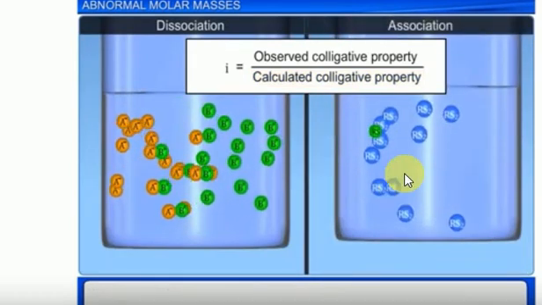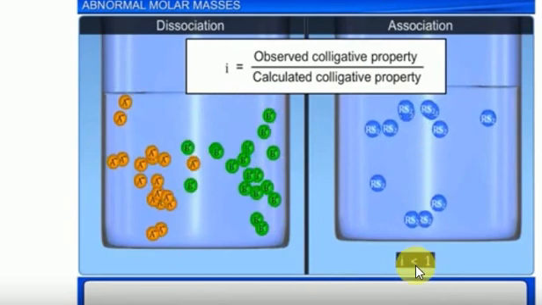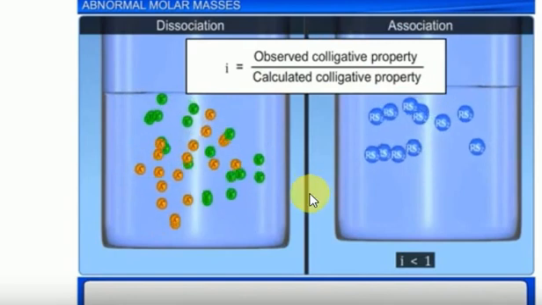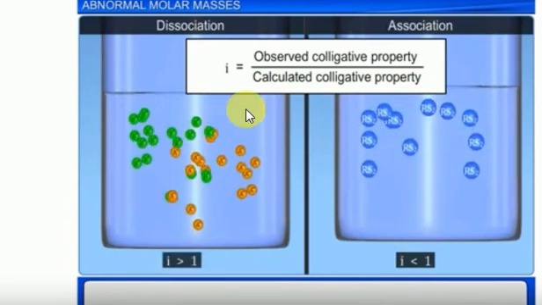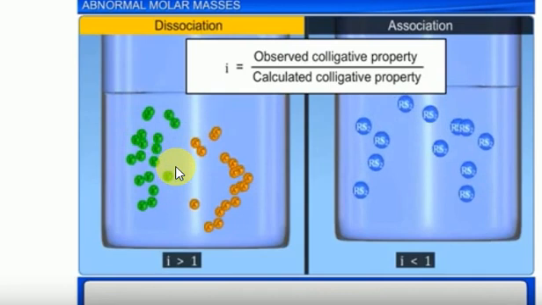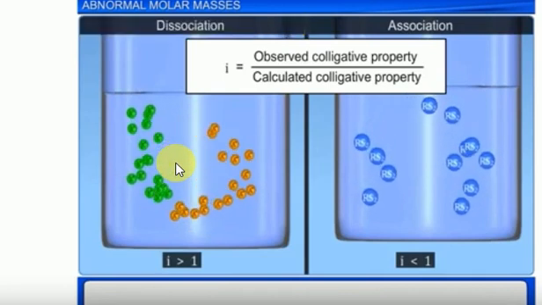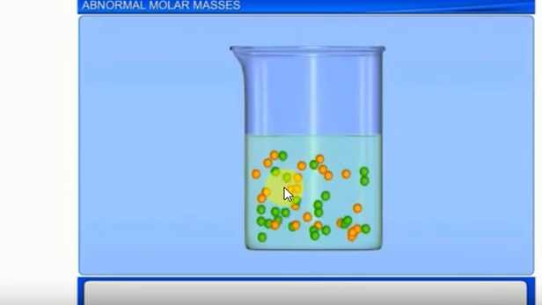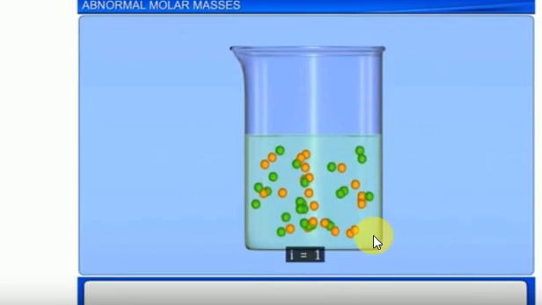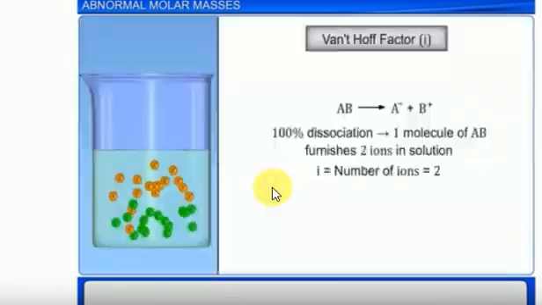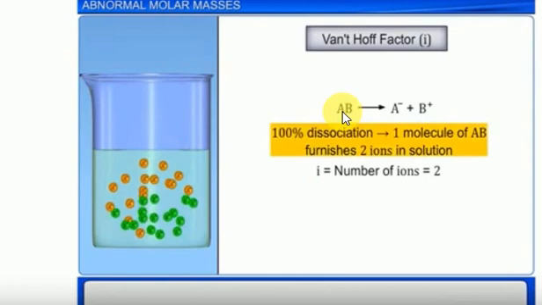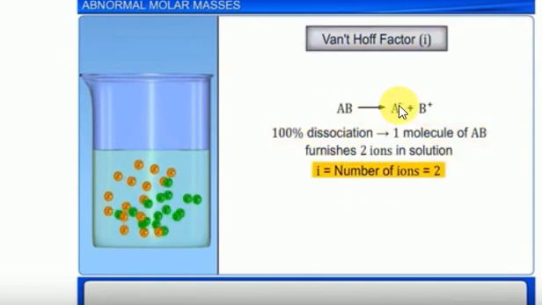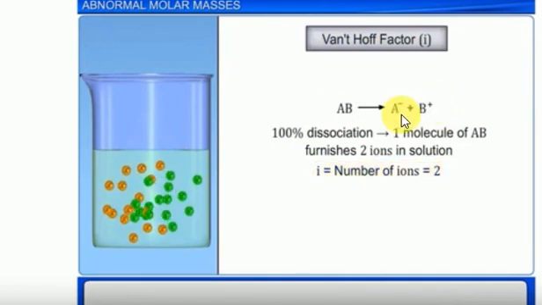The value of van't Hoff's factor is less than 1 if there is association of the solute in a solution, and is greater than 1 if there is dissociation of the solute in a solution. For all substances that undergo neither dissociation nor association in a solution, i is always unity. If a solute undergoes 100% dissociation, then van't Hoff's factor is equal to the number of ions produced from one molecule of the solute.